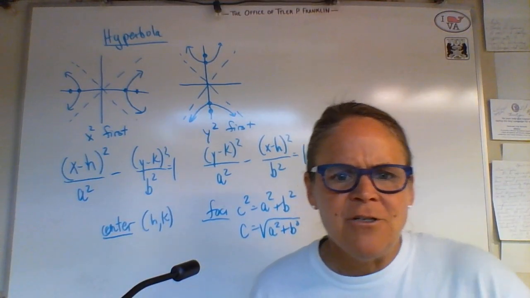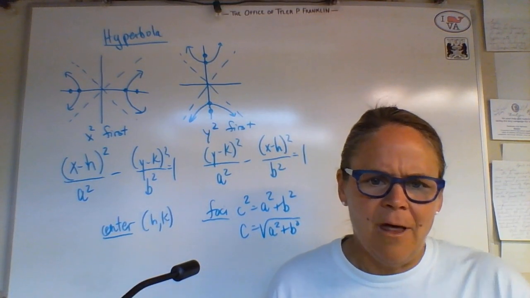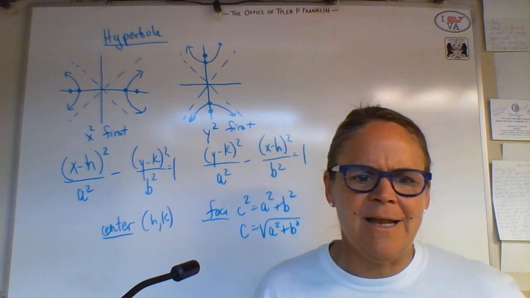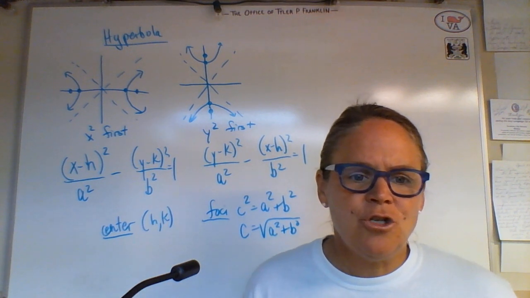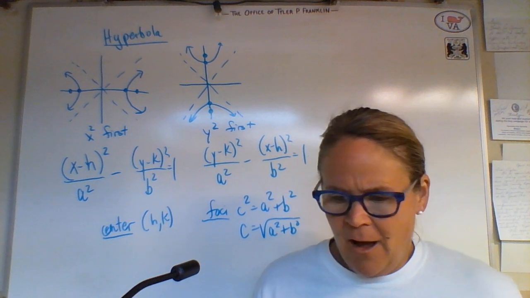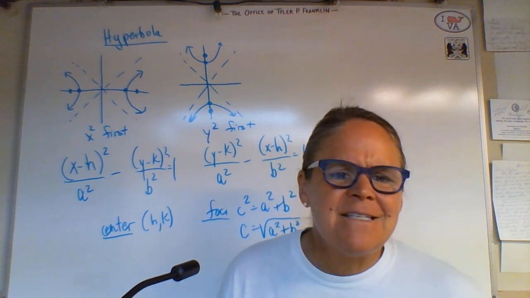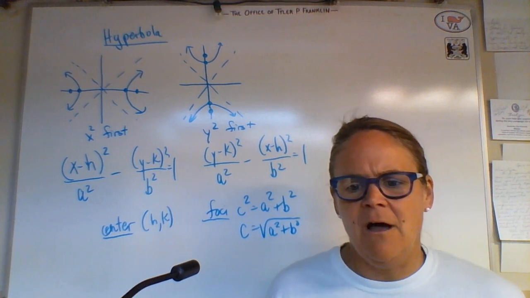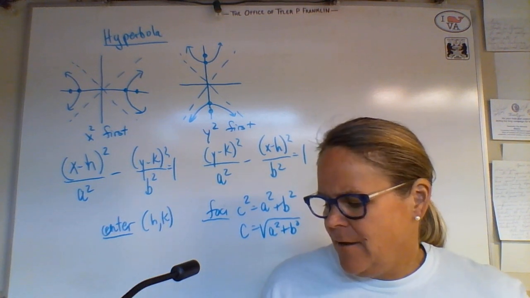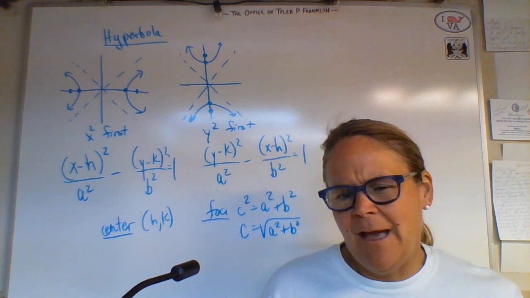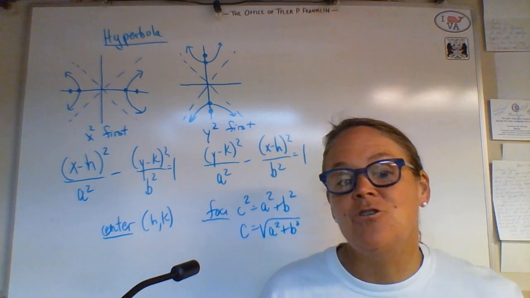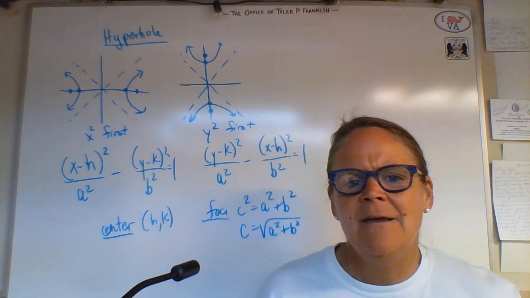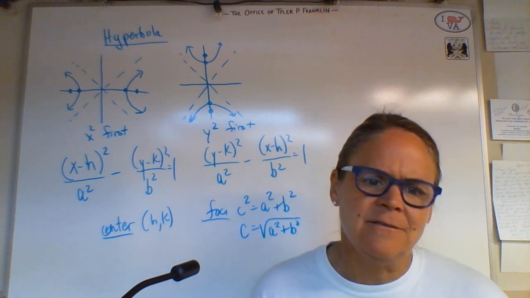Okay, today we're going to talk about the hyperbola. So you can see with the hyperbola, it actually has two parts. Definition: it's the set of all points such that the difference of the distance between any point (x, y) and two foci is a constant.